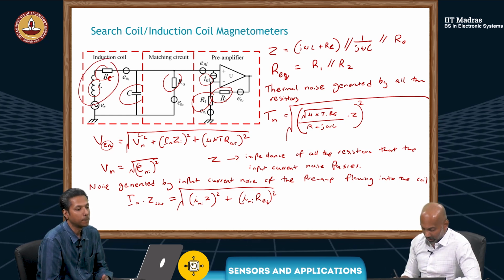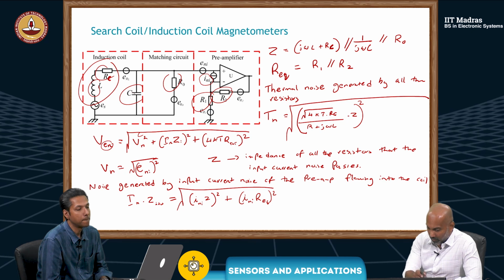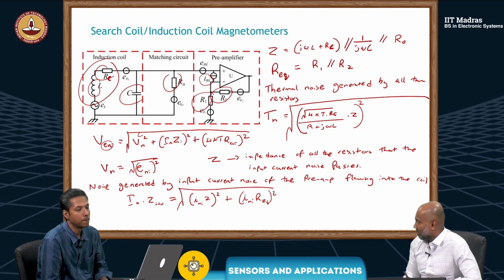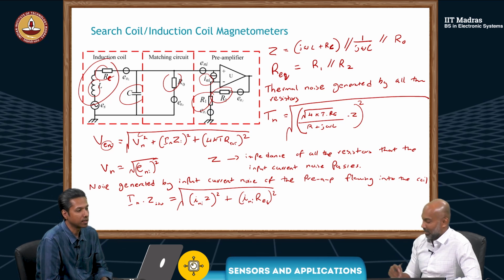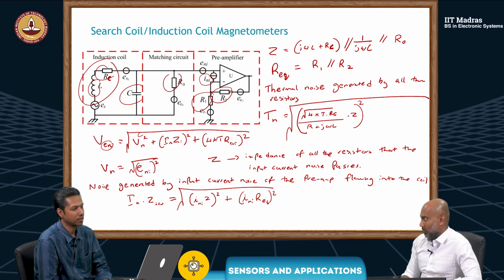Now, do we have a resistance for the capacitor? No, it's an ideal capacitor, so we can forget about that.